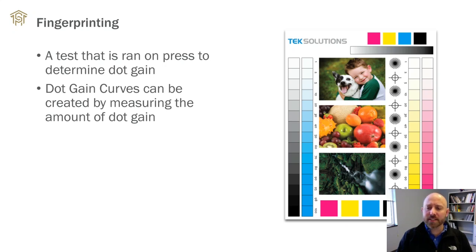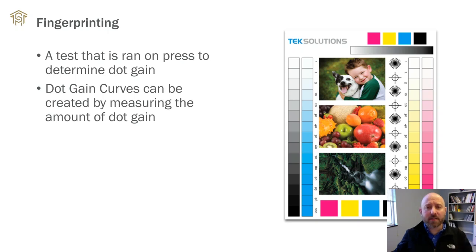Essentially, we create a known test image, and as an example, we print it out, and we know that this should be a 50% area of coverage. Usually we use a device called a densitometer. We measure that, and we find out from this test how much dot gain we're getting.